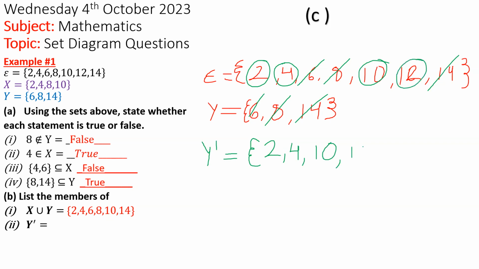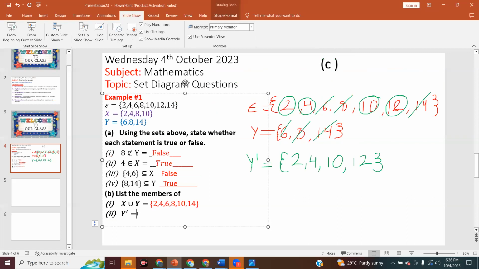So we have 2, 4, 10, and 12. That's what the complement would contain. So the answer for Y complement is going to be 2, 4, 10, and 12.